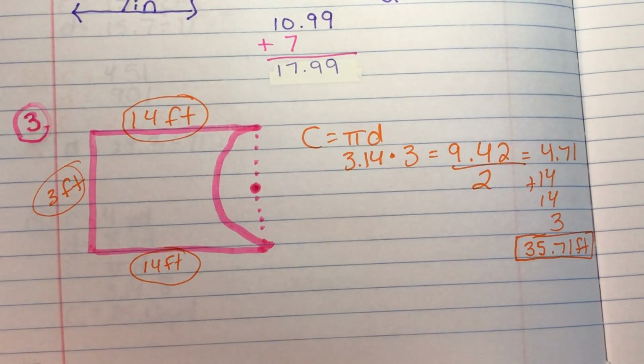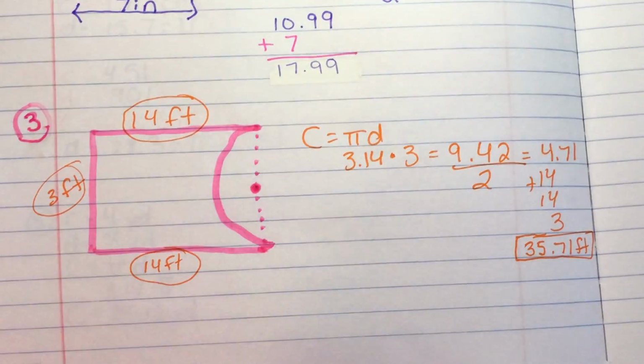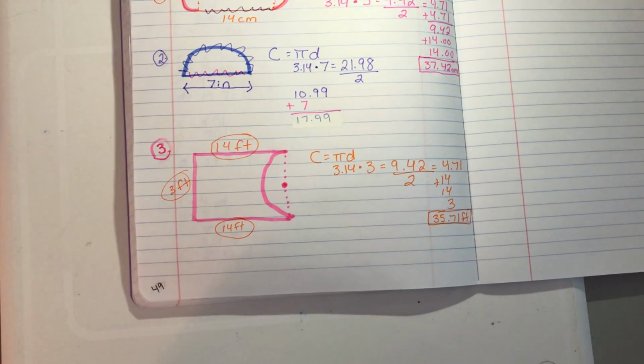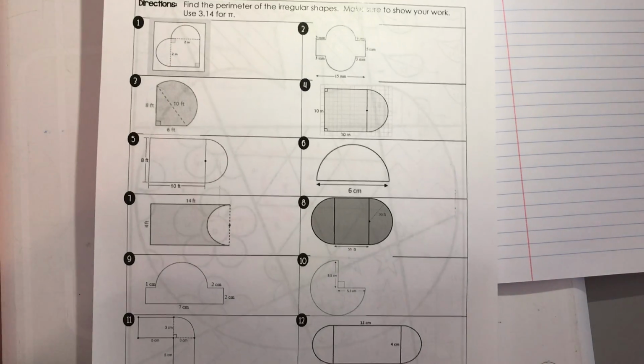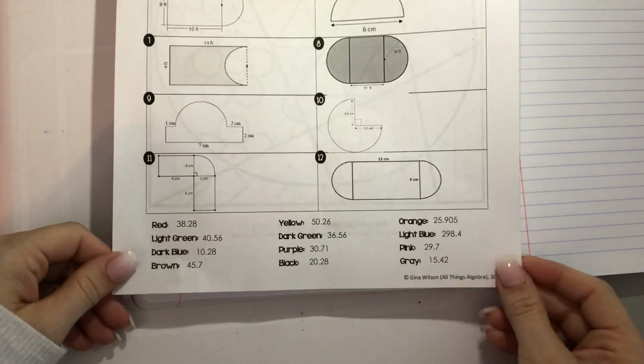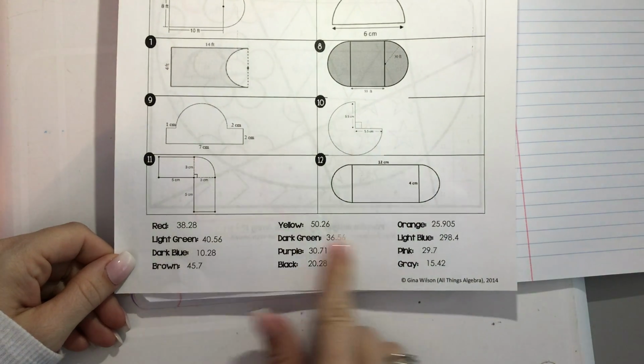All right, so this is going to be for a grade, so you're going to use your notes if you need it. What you're going to do, and we're going to check them tomorrow, is you're going to get this sheet that has 12 problems on it, and then the answers are at the bottom with a color.